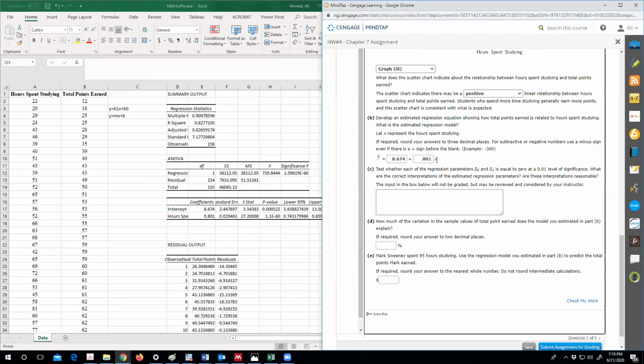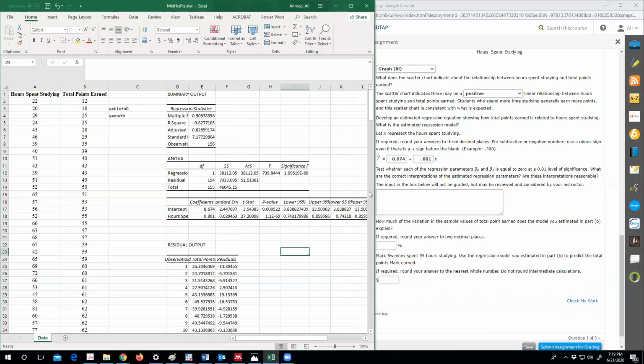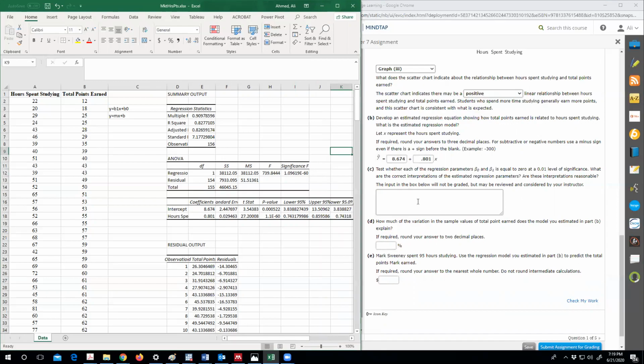Just put 42 here, multiply by this number, add this number, and we get the predicted answer. That would be quite accurate actually, with a certain degree of error, but a professor would know how much error there is. So it can make predictions and inferences.